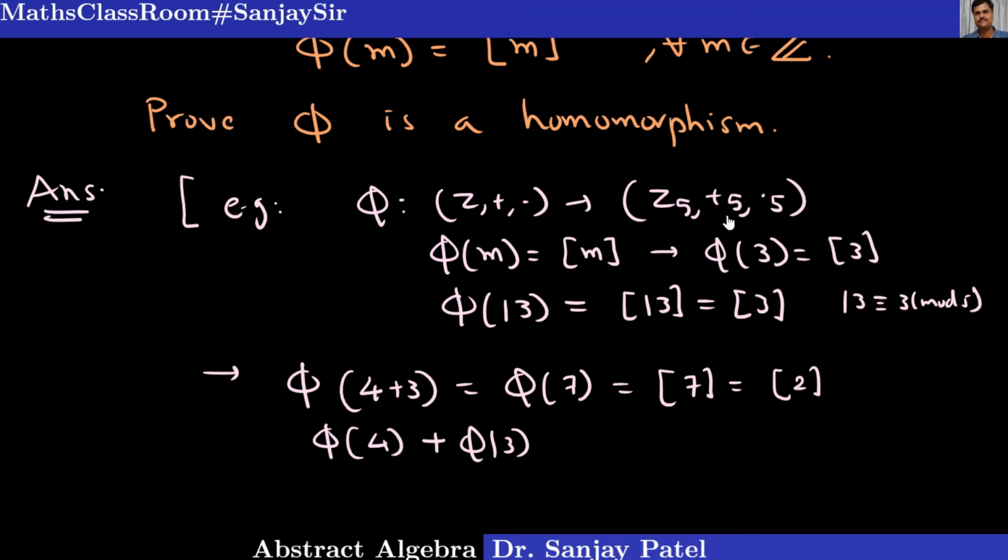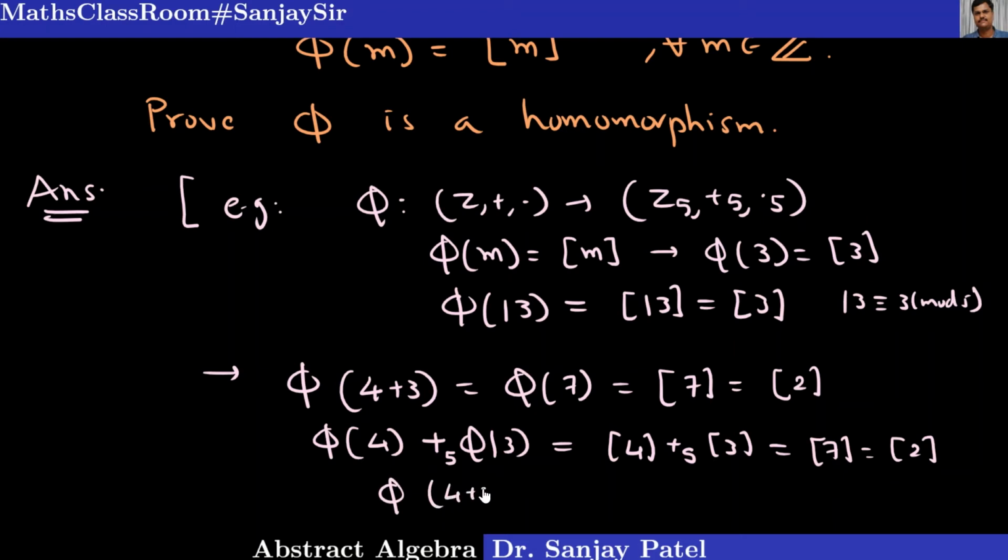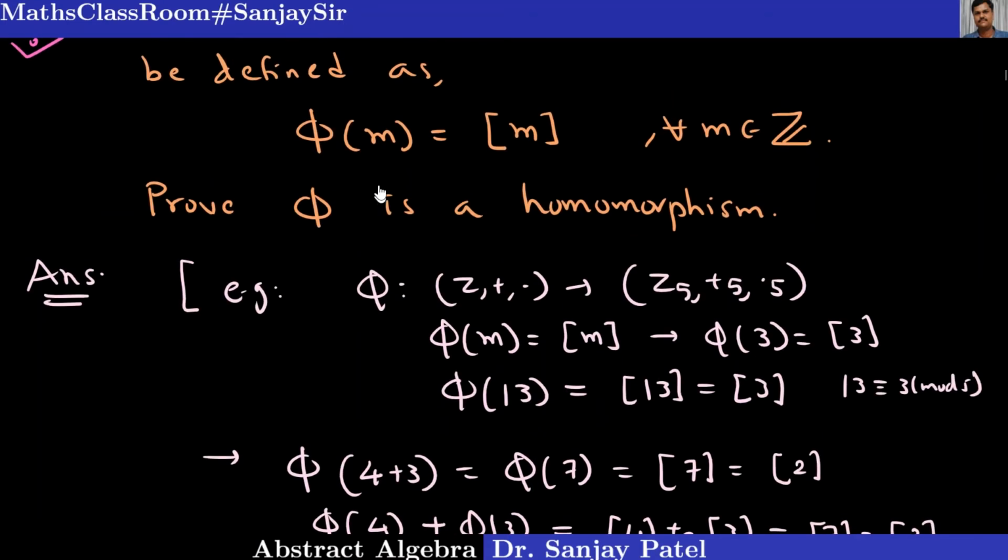The addition of the codomain ring is plus 5, so I must write plus 5. So on the right hand side, phi of 4 is class 4 plus 5 phi class 3, and again it is the same as class 7, which is equal to class 2. So in this case, phi of 4 plus 3 is equal to phi of 4 plus phi of 3 is proved.